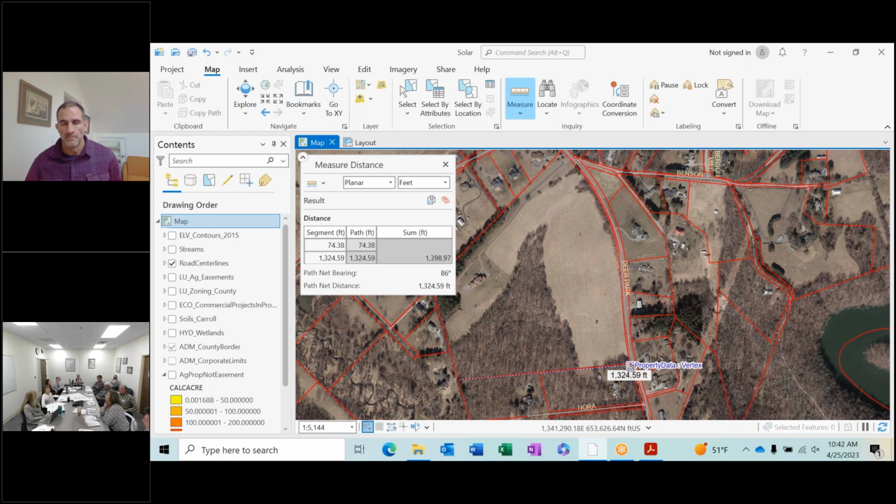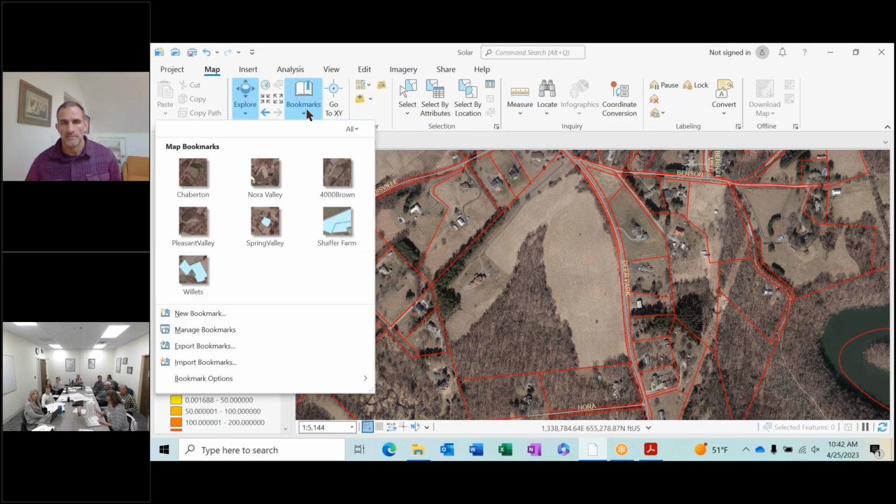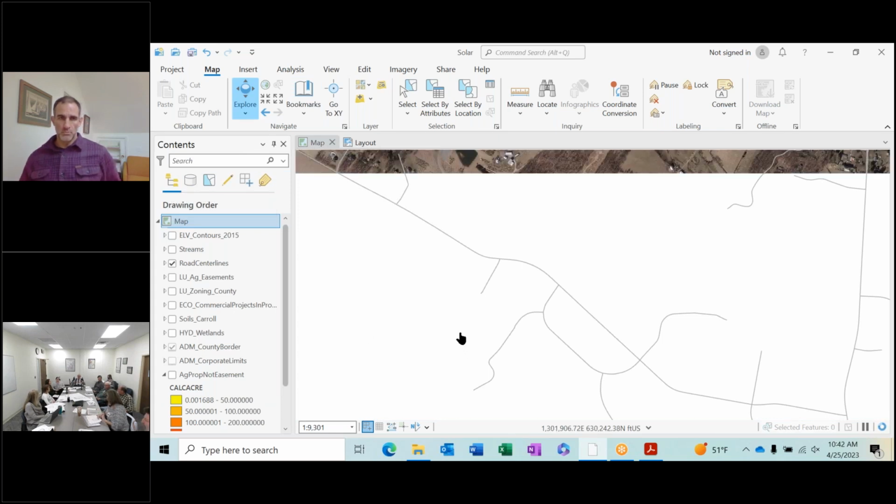Yeah, I do. I see where you're going with it. But this is a smaller piece of property, and I'm sure there are larger pieces of property that would be suitable. But you're saying there's nothing in Carroll County. There's no way, because you have to remember that 3,000 feet is going in all directions from the facility.